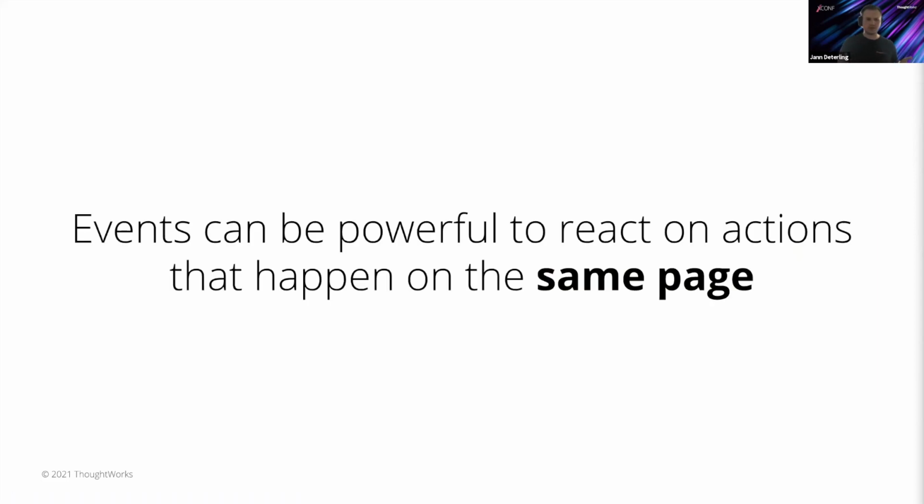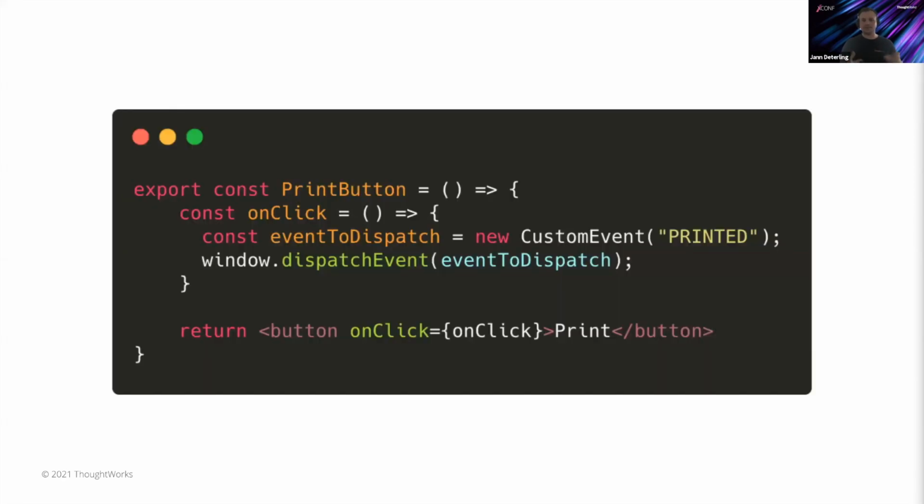Let's take a closer example of why events are so powerful. They are super powerful if you want to react on certain actions that happened on your stage, even across multiple micro-frontends. We have a print button and we just want to dispatch one event saying that whatever happens, it just printed something.